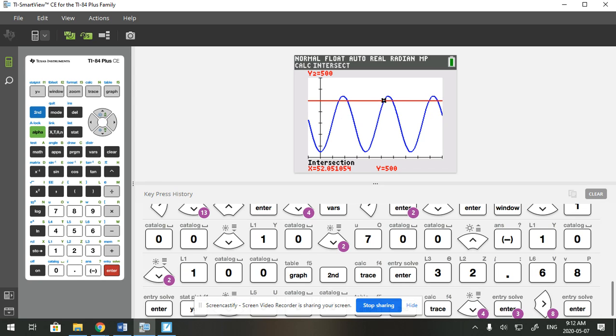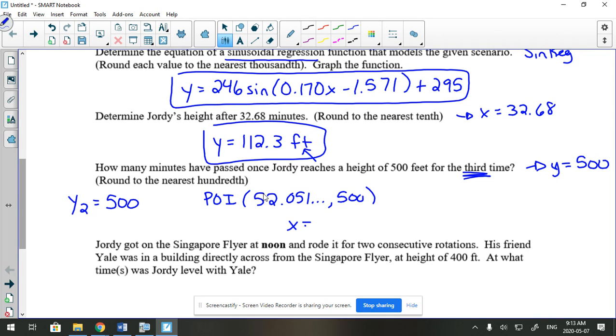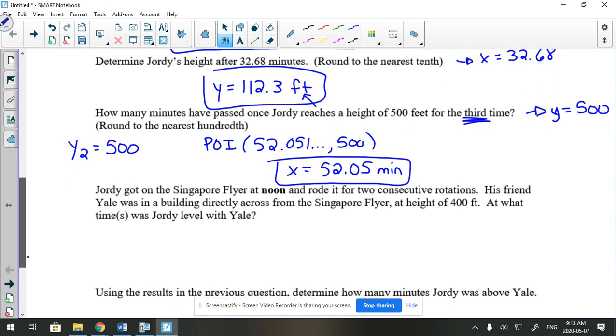And you can now see that your time is approximately 52.051, etc. So my point of intersection was this. And so my answer, if I round to the nearest hundredth, which is 2 decimal places, is 52.05. And again, include your units. We're talking in minutes. So after 52 minutes, it's a long Ferris ride, he's going to hit a height of 500 feet for the third time.